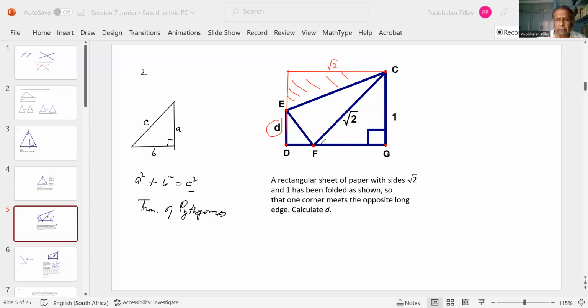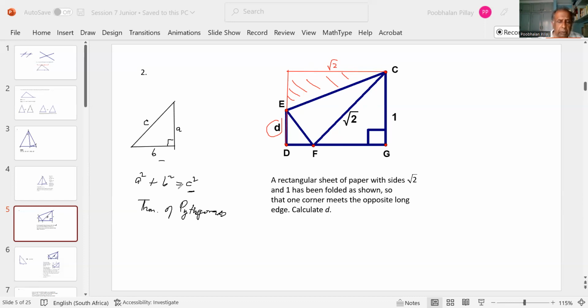Now you can see, since we folded this thing like this, this line here is actually the same as that, because it's folded to sit on this. So we wrote down root 2 already. In this triangle CFG, you have a right-angled triangle and you know two sides.